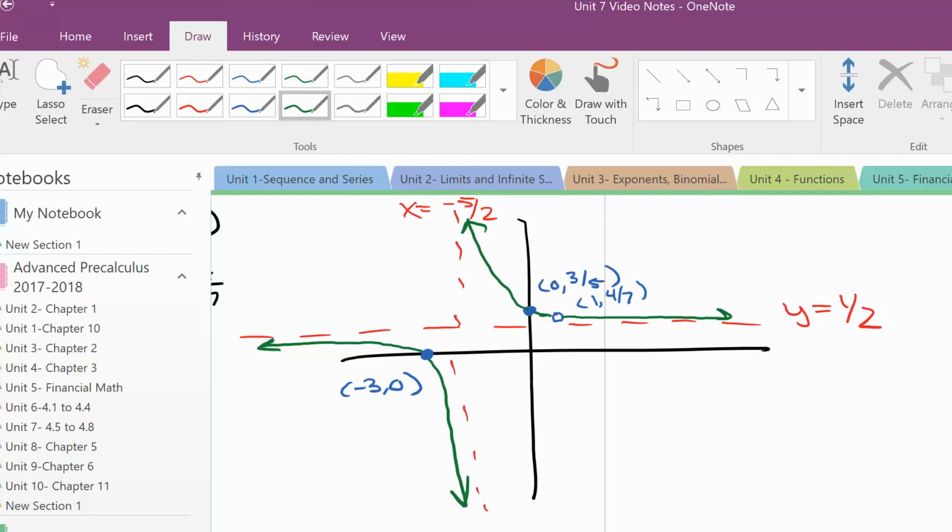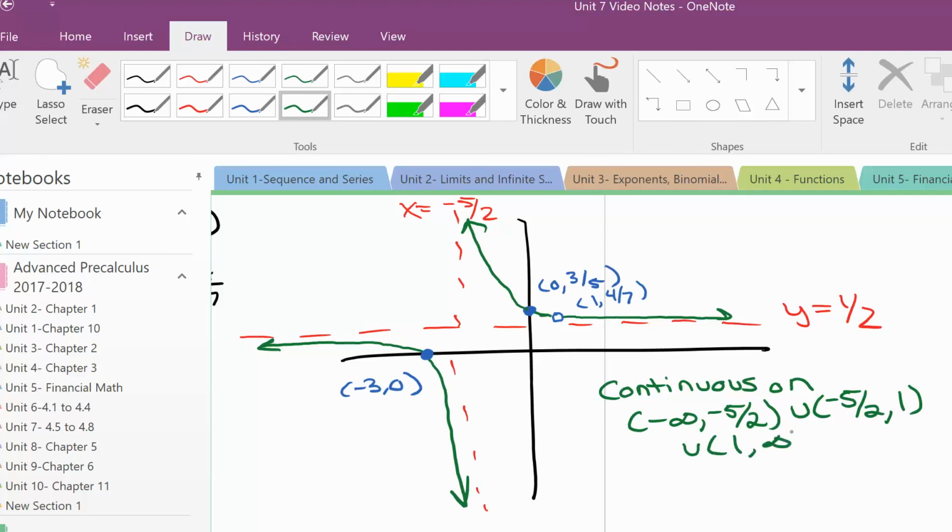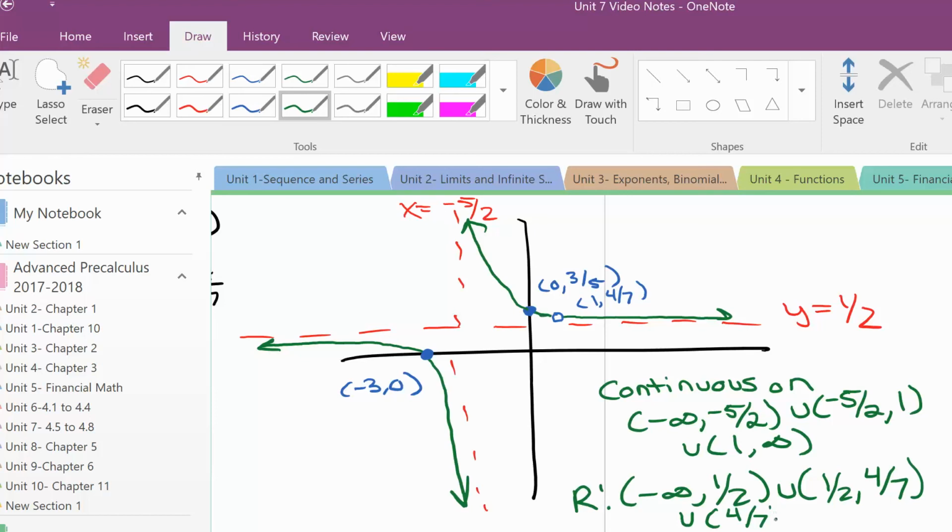So now, it's continuous on the interval from -infinity to -5/2, union -5/2 to 1, union 1 to infinity. And then the range is -infinity to 1/2, union, but then it's 1/2 to 4/7, because there's a hole there, and then union 4/7 to infinity.